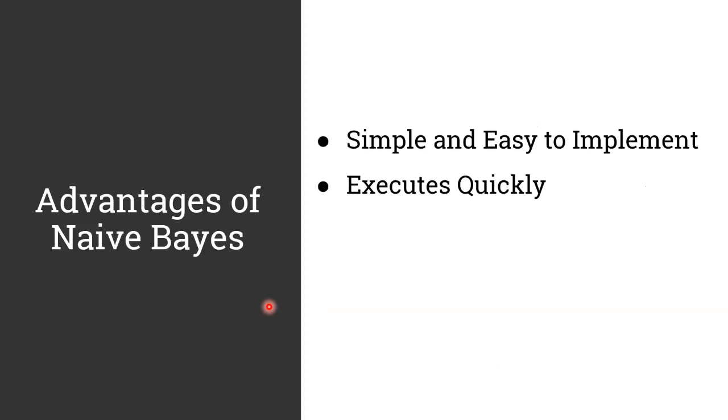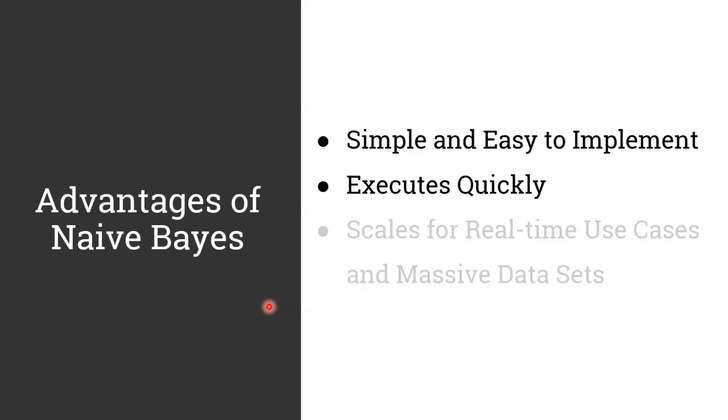It executes quickly. Even though generative algorithms in general are less time efficient, the calculations that we are doing in naive Bayes are not rocket science. We could do them in our head pretty quickly as well.